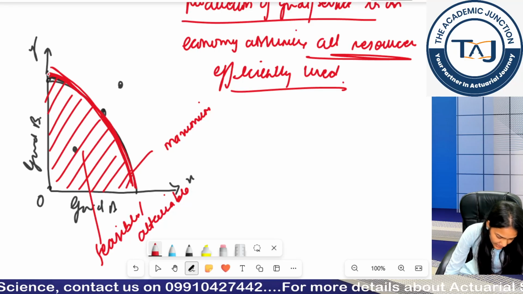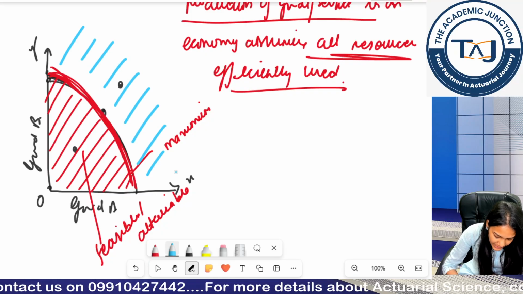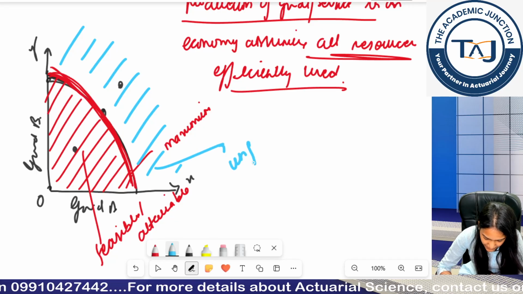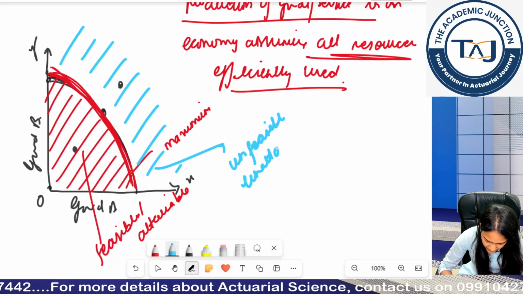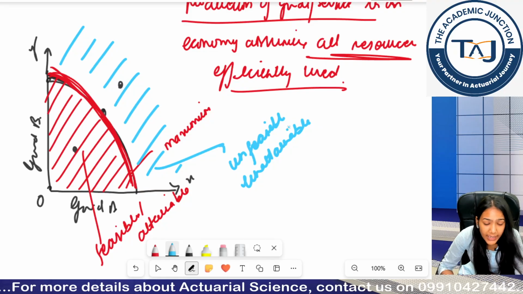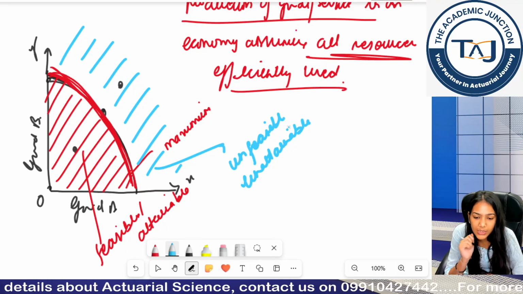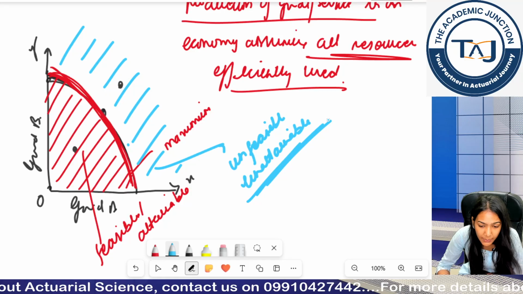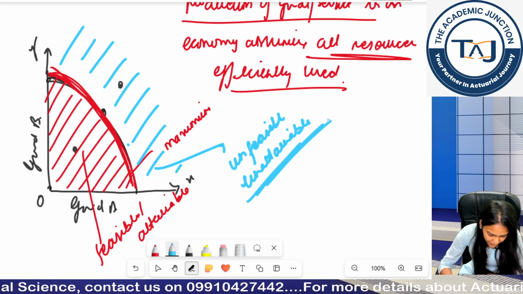This blue portion, whatever is outside my maximum output, is my unfeasible, or unattainable, region. Why? Because I currently do not have sufficient resources to produce goods and services in this region. That's why it is unattainable. Is this curve clear?